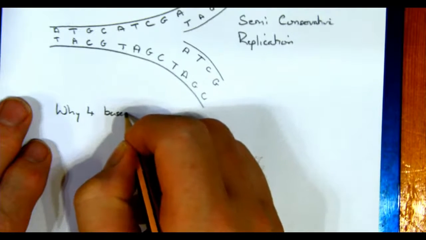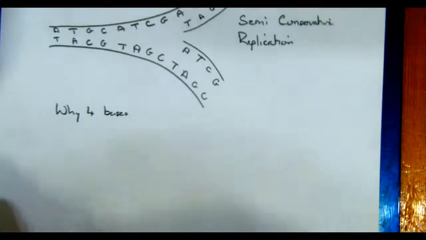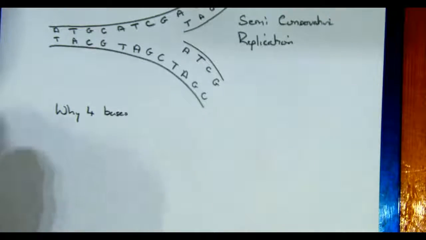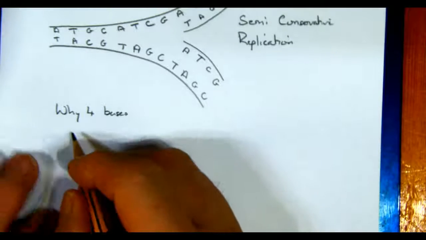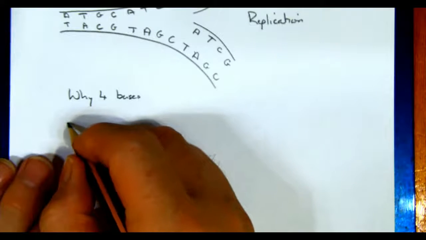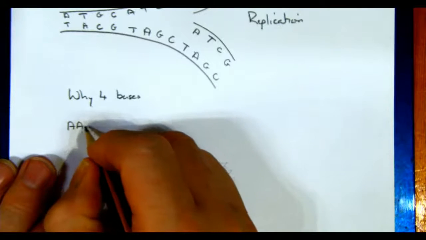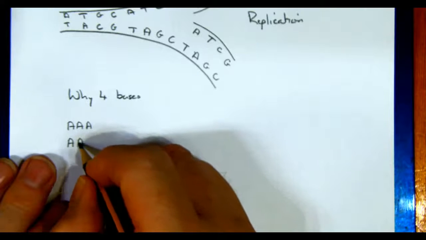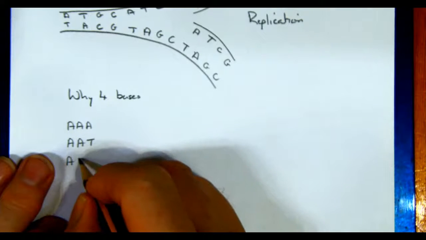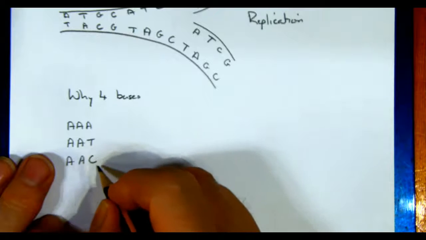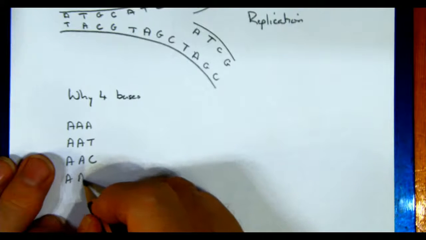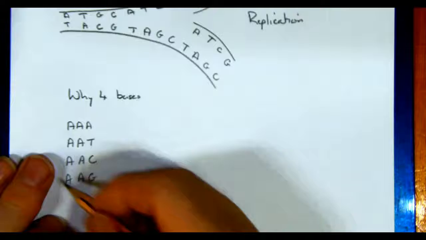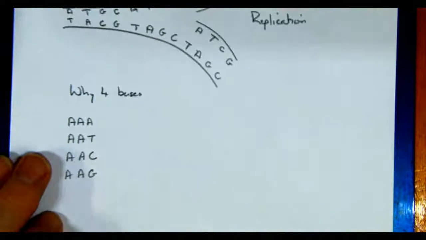Well, if we put our 4 bases in context with one another, I can get combinations such as AAA, AAT, AAC, AAG, and I can go through a whole series of different ones here.